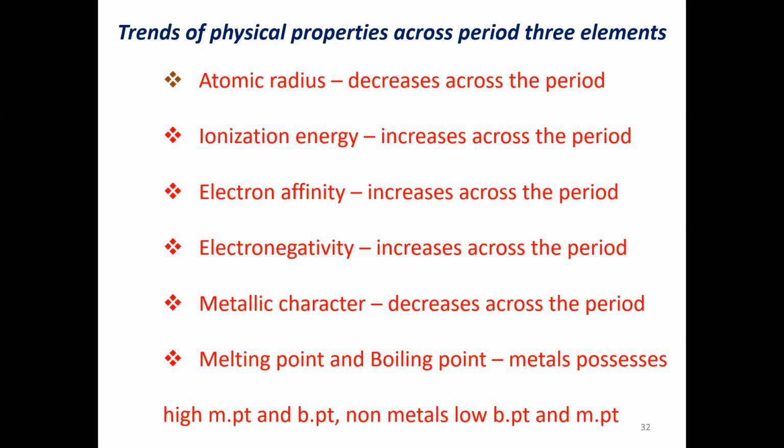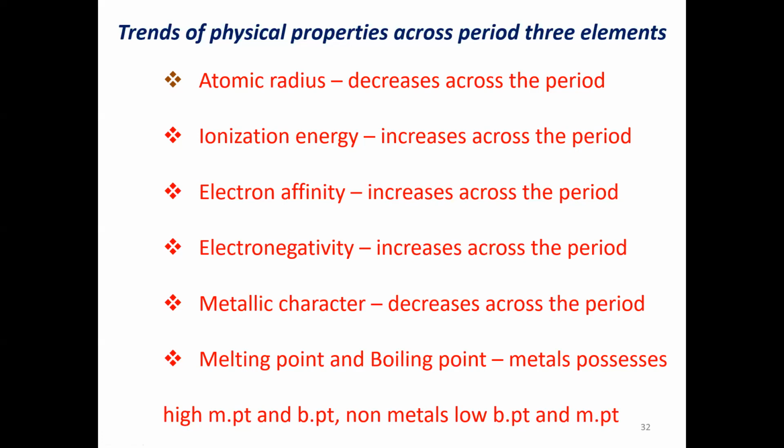We already know that across the period, atomic radius decreases because there's no extra shielding, there's an increase in nuclear charge. And also, ionization energy increases across the period because as the nuclear pull increases, it will be more difficult for you to remove the valence electron.